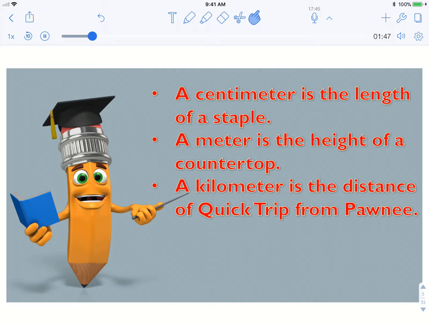But a meter stick is part of the metric system, and it is made up of 100 centimeters. Now, a kilometer is similar to our mile that we use in our customary measurement system. An example might be the distance of Quick Trip from Pawnee.